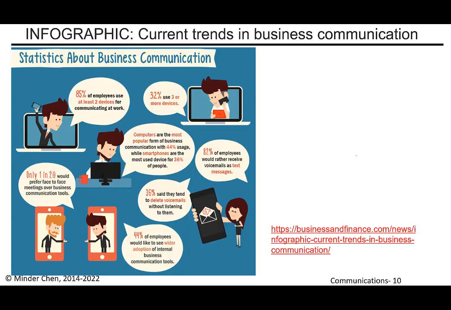You can follow the link and get the complete infographic, which is much larger. I only captured part of it. This may not be totally up to date, but here are some statistics about business communication. Employees are using several devices to communicate with their colleagues, and some people use even more than 3 devices.